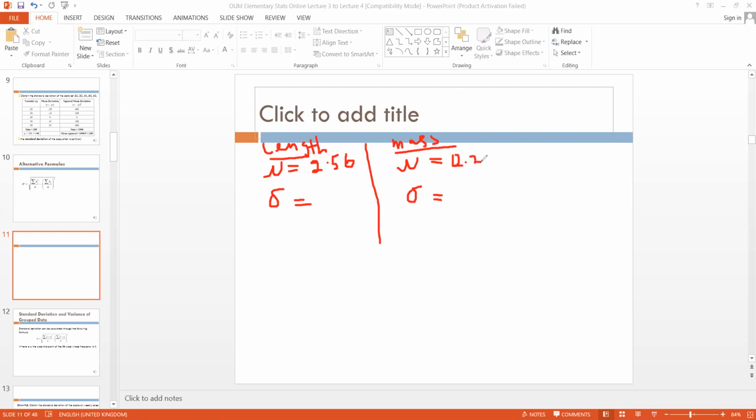So those who have found the standard deviation, can we have your answers? Clifford and Charles. Any response on the standard deviation?